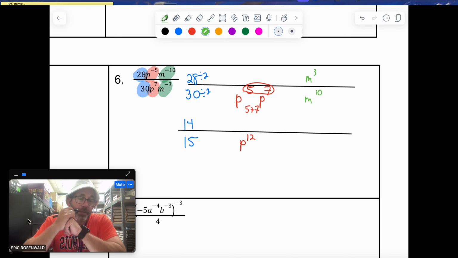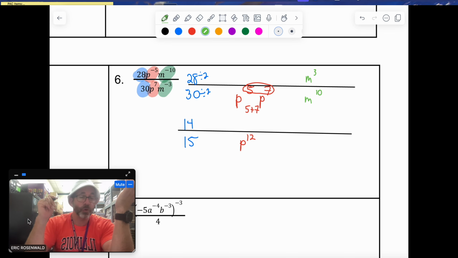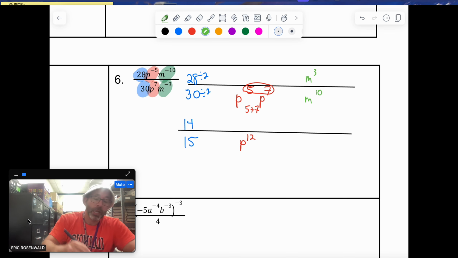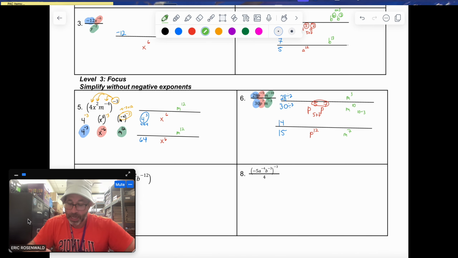When we look at the m's, there's that battle going on, the north versus the south, numerator versus denominator. And so we have to ask which one has more. The top one only has 3, the bottom one has 10. Which one has more? Well, clearly it's the bottom. So they're going to fight each other and eliminate each other, which means we're going to have 10 take away 3. And because the bottom has more, there's going to be 7 remaining on the bottom. And this will be our final answer.